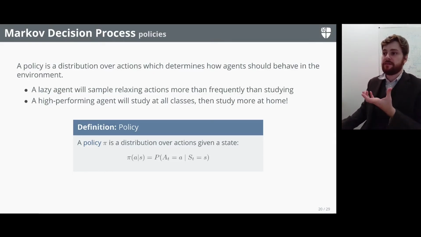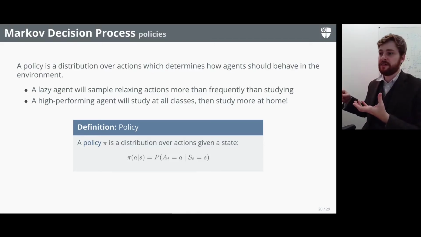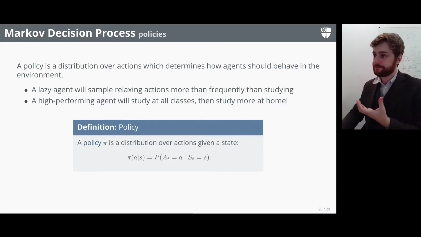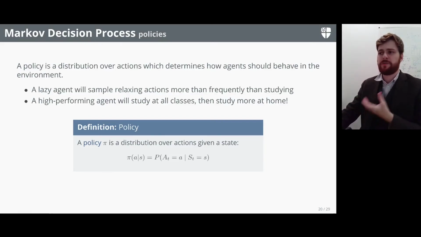If it was in the class 1, you could map to some probability of relaxing and some probability of studying. And if it's a lazy agent, if the policy is to be lazy, then it would have a higher probability of relaxing. Whereas if it's a hard-working agent, then it's going to have a higher probability of studying. So under the hood, you can express that as a stochastic transition matrix, or it could be a function we learn, such as like a neural network or something.